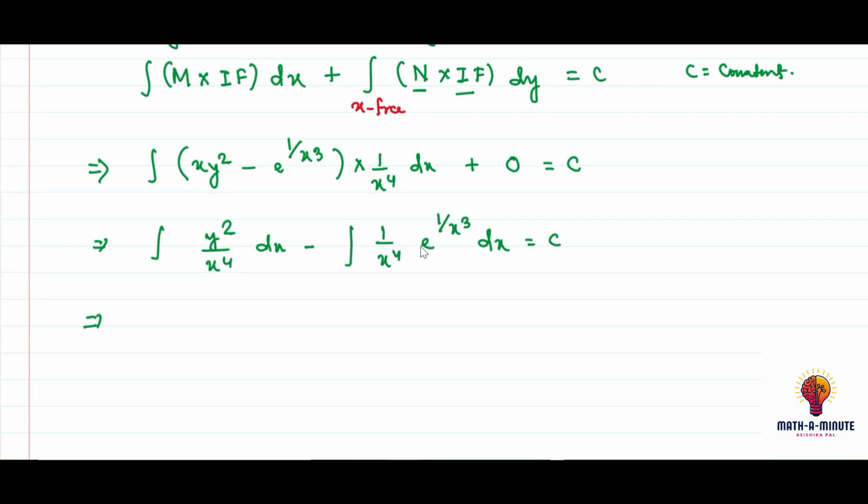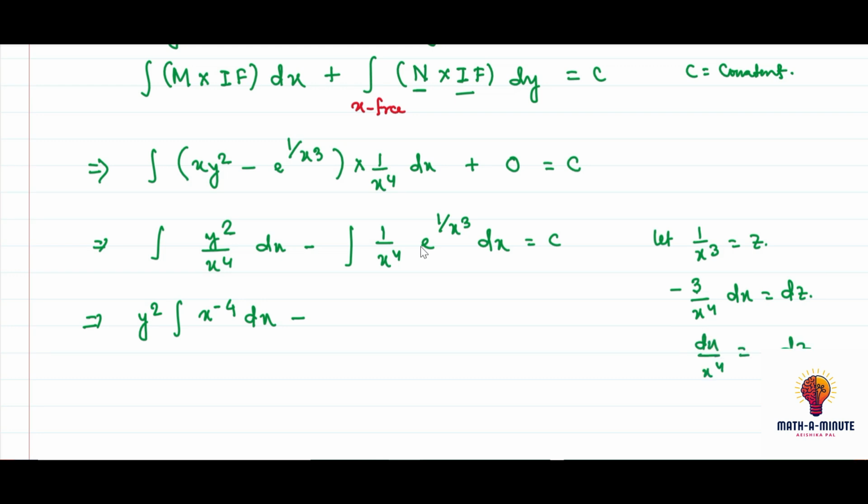Now it's very easy. Here y behaves like a constant, so we can take y square outside of this integration, and it will be x to the power minus 4 dx. And if we take a substitution here, let 1 by x cube equal z. So minus 3 by x to the power 4 dx equals dz. So dx by x to the power 4 will be dz by minus 3.